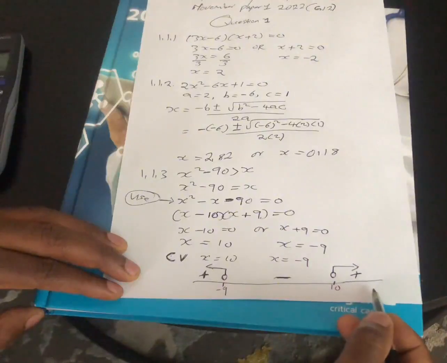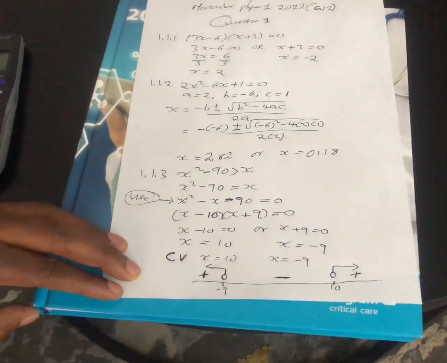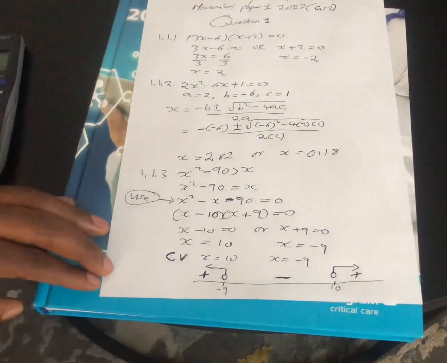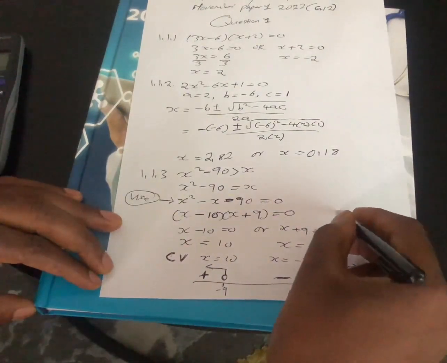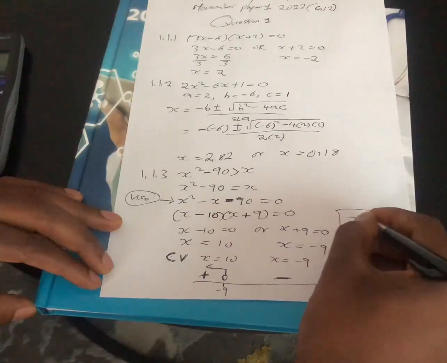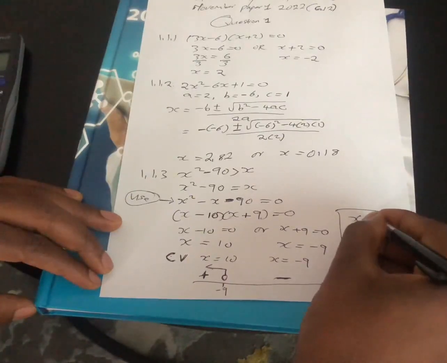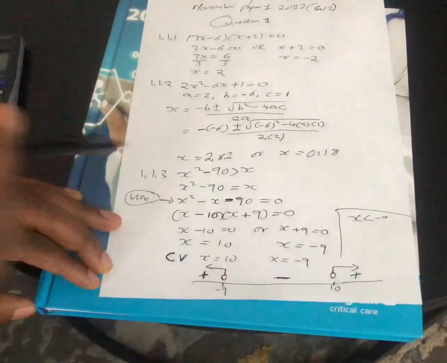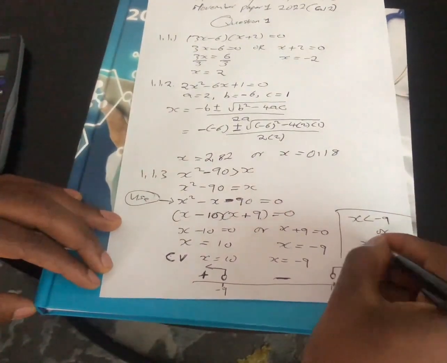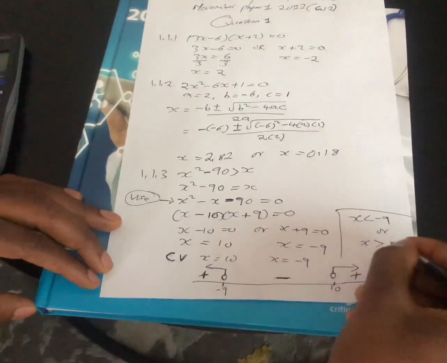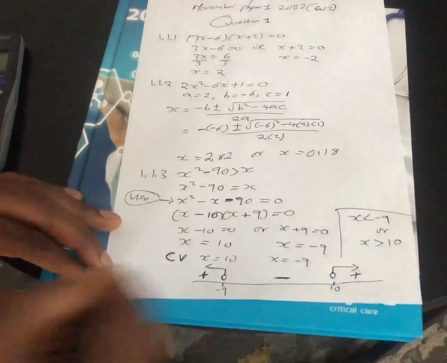This side we're talking about greater than 10. So you must write that. So our solution, because of space, I'm going to write here: x is less than negative 9 or x is greater than positive 10.